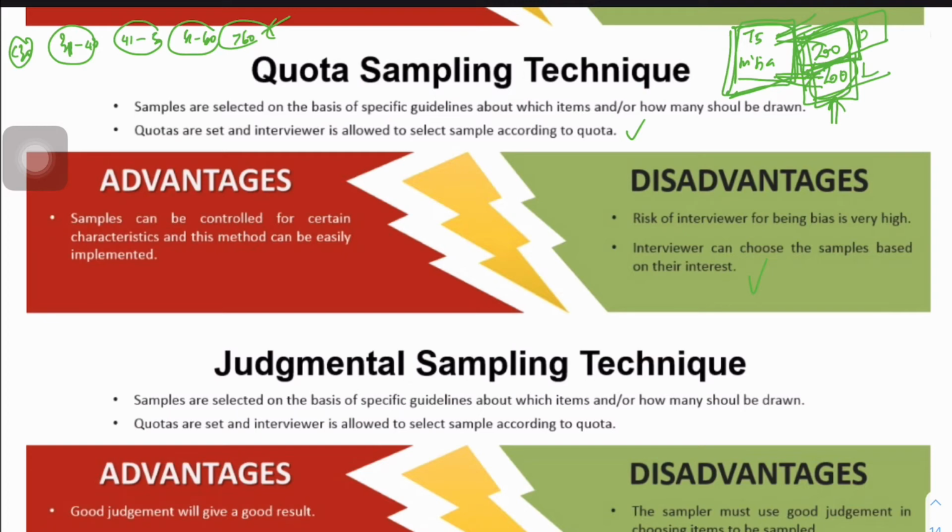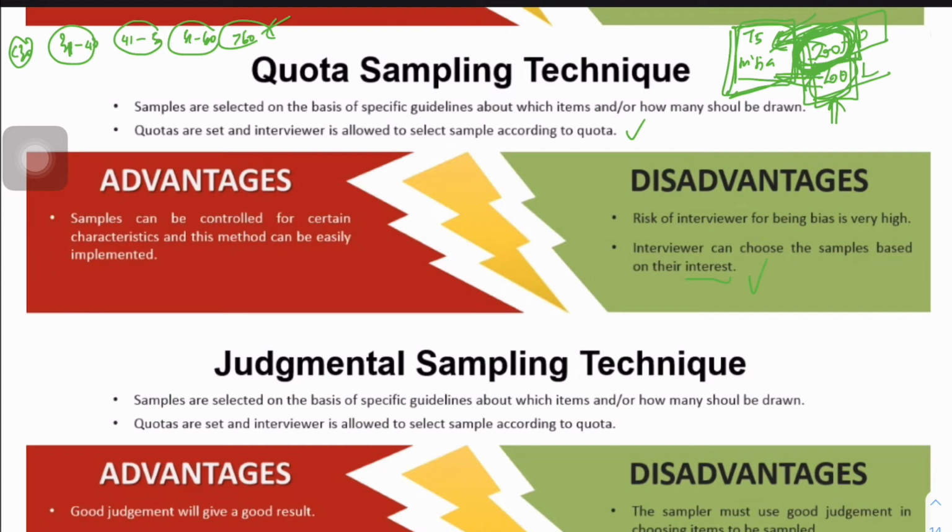Sama jugalah, katakanlah kita dah set quota kita 200 orang pelajar perempuan, so kita nak pilih 200 ni, kita pilih orang-orang yang kita suka. Okay, ataupun mungkin daripada 200 ni yang kita pilih tu semua orang-orang kaya. So sah-salah dia akan guna handphone yang mahal. Okay, so mungkin 200 orang tu akan menggunakan handphone yang sama brand. So kita tak boleh menjawab kepada aim ataupun objective of our study. Okay, sebab kita pilih dia mengikut kepada kita punya interest, kita punya preference.